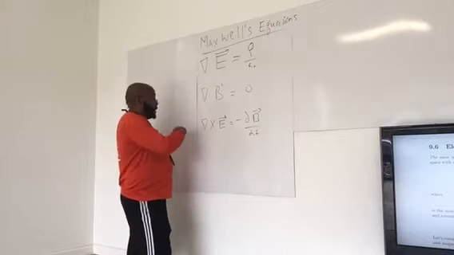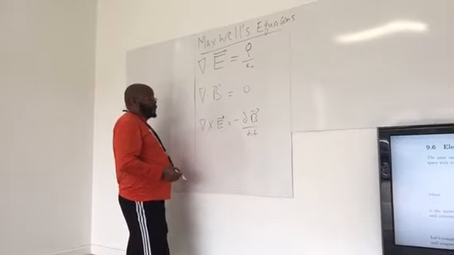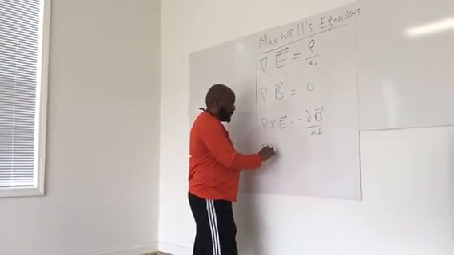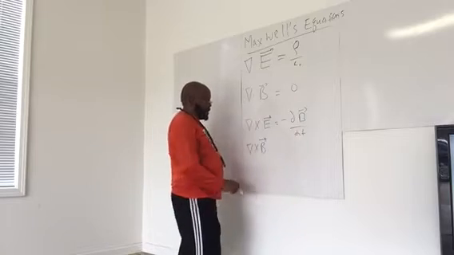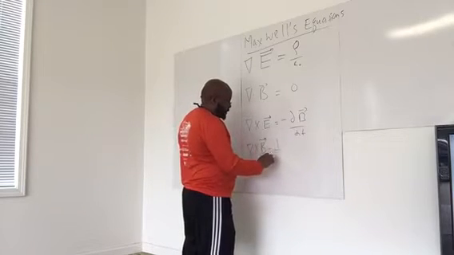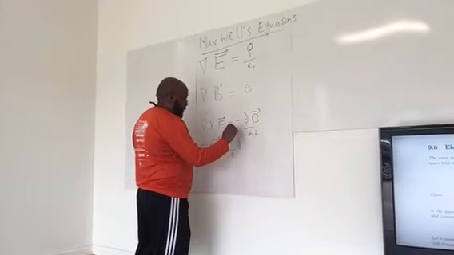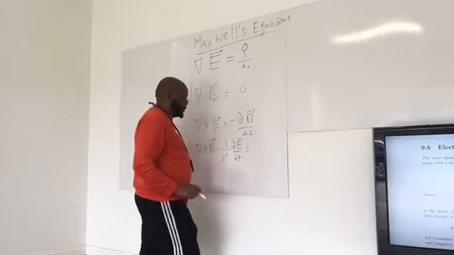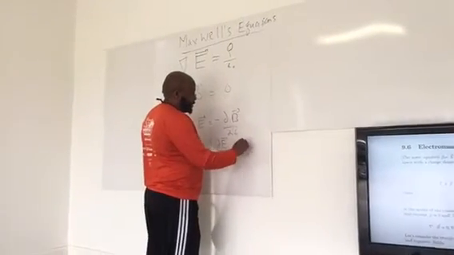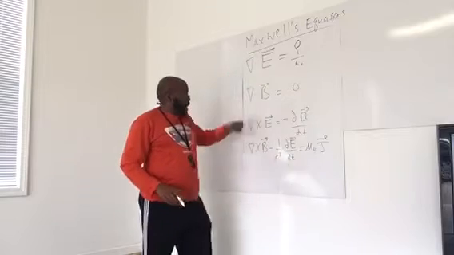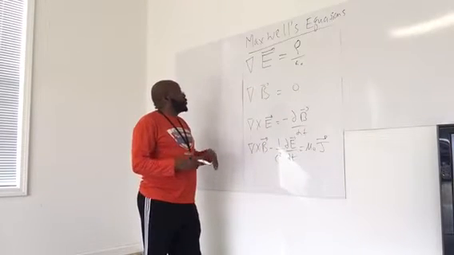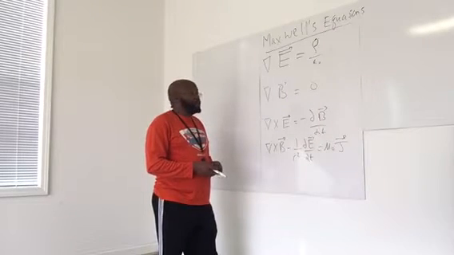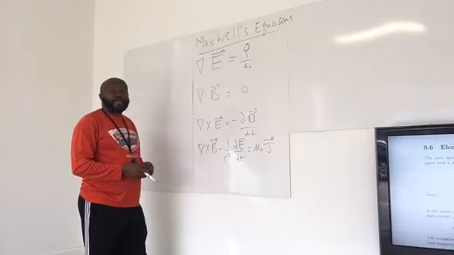And the last one is the curl of the magnetic field minus 1 over c squared dE by dt is equal to mu naught times the current density. So these are the Maxwell equations from which we started to determine the wave equation for electromagnetic waves.